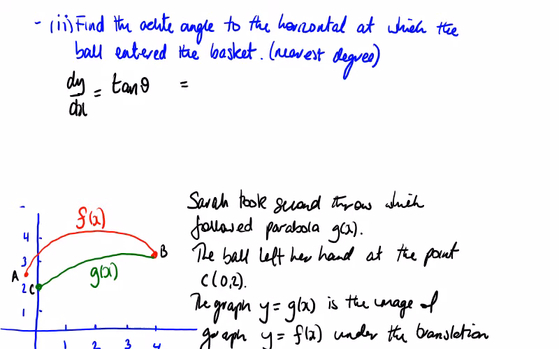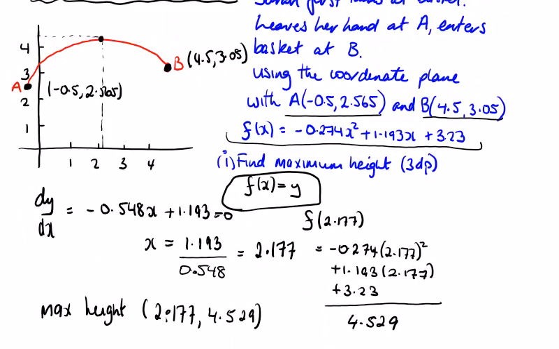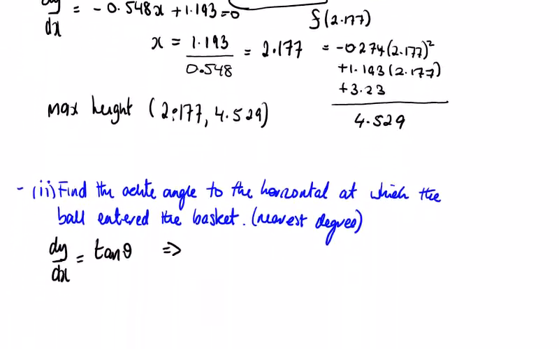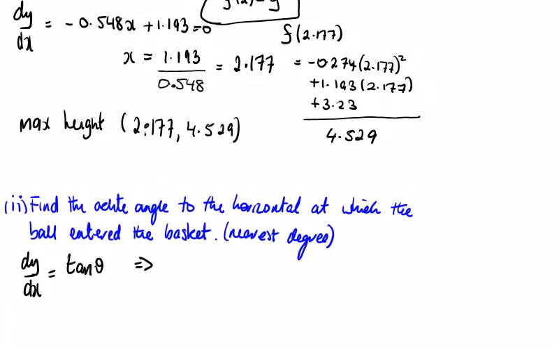So at the point of entry here at B, x is 4.5. So we need the tan of theta when x is equal to 4.5, or dy/dx when x is equal to 4.5. So we have minus 0.548 times 4.5 plus 1.193.